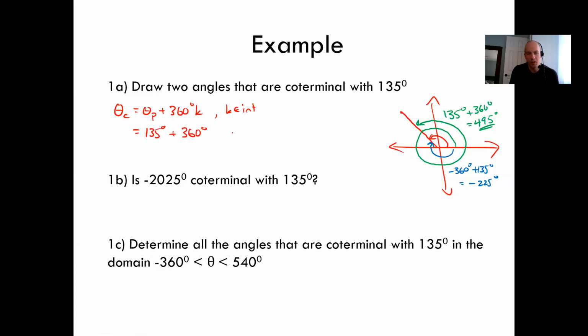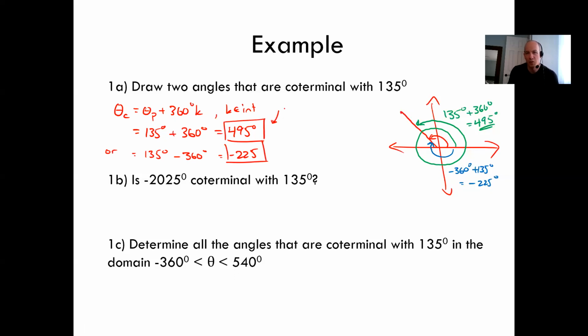That's how I got 495. So you're just saying k is 1, or you're going 135 and subtracting 360. So that's how you get negative 225. That's a little different than what I did, but it's essentially the same thing. I said negative 360 plus 135. We're going 135 minus 360, same thing. Anyway, there's a couple of coterminal angles.